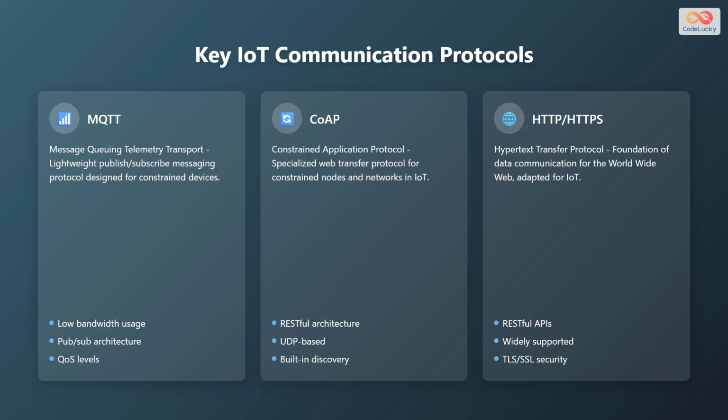These are the foundation of data communication for the World Wide Web, and they've been adapted for Internet of Things as well. They offer representational state transfer, that is RESTful Application Programming Interface, that is APIs, are widely supported, and provide security through Transport Layer Security, that is TLS, or Secure Sockets Layer, that is SSL.